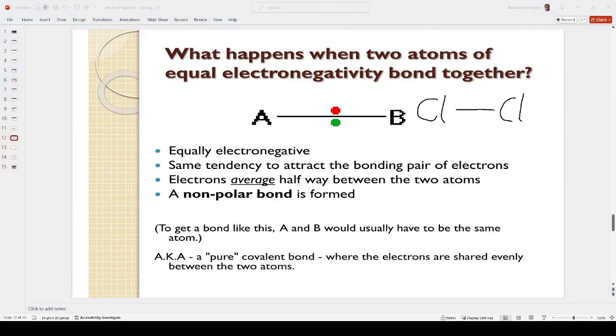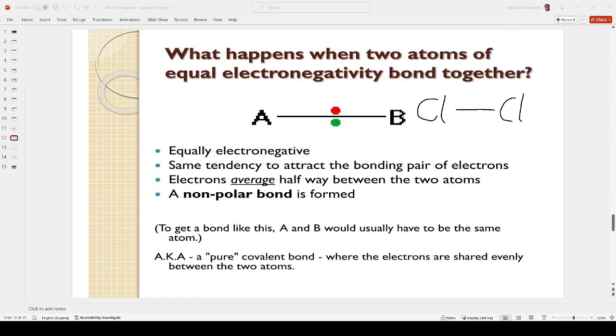Okay? In case you are asking, what happens when two atoms of equal electronegativity bond together? This is a very good question. In fact, the same tendency to attract the bonding pair of electrons can be explained using a chlorine atom and another chlorine atom.